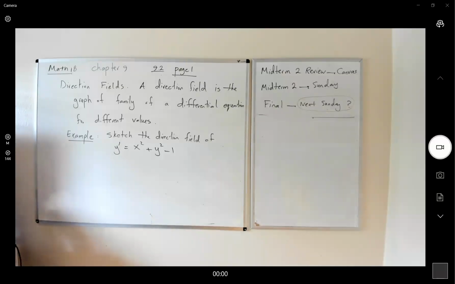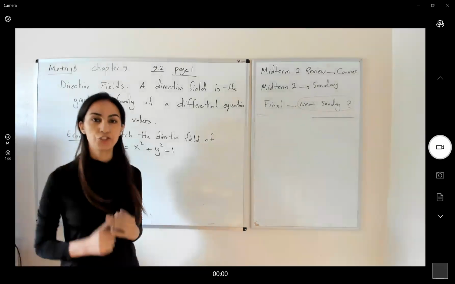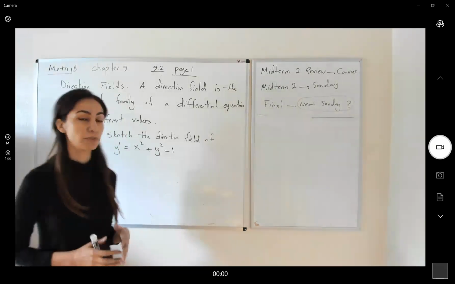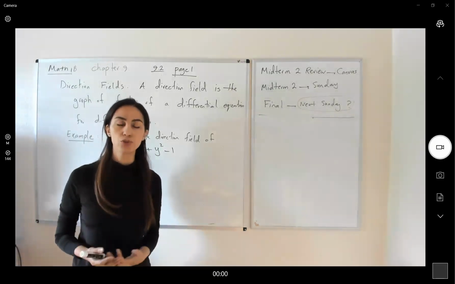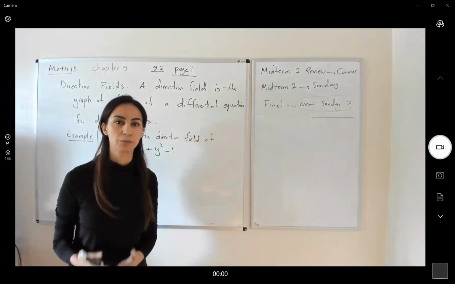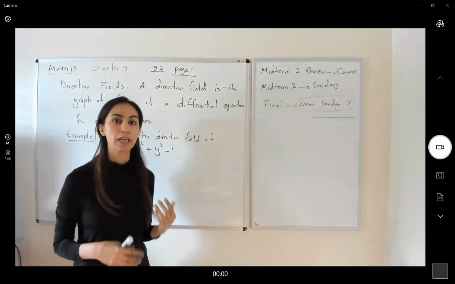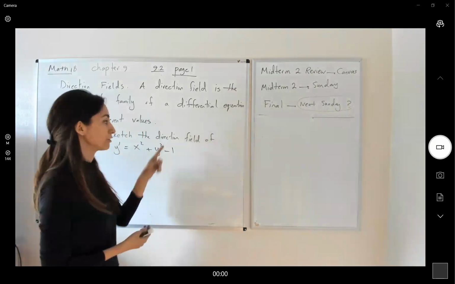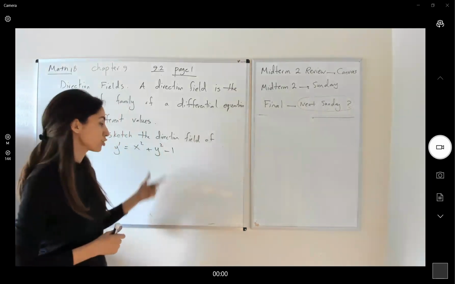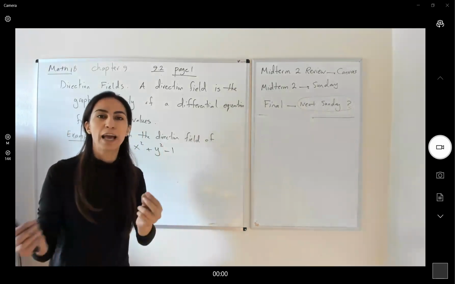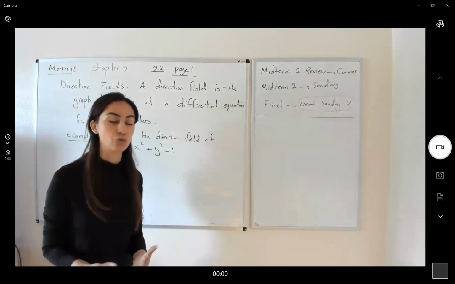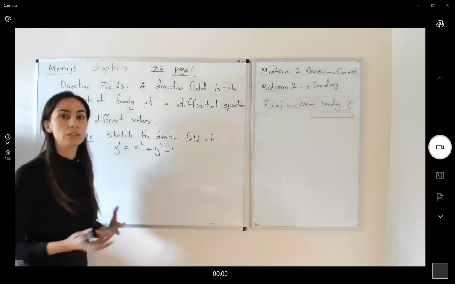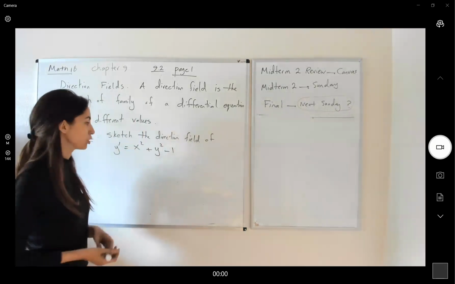Okay, guys. So, in general, to graph a direction field, we usually use software. But before using any software for graphing a direction field for a differential equation, we're going to explain how those software actually graph these types of differential equations.